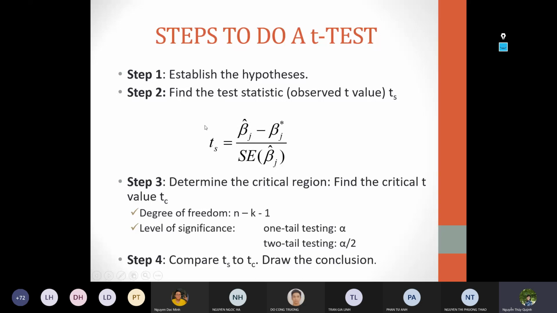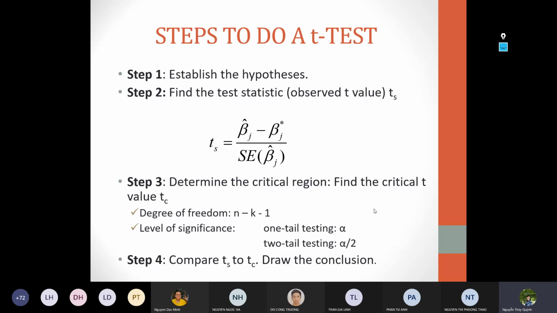And step three. In step three, you have to determine the critical region or the rejection zone. In order to determine the critical region, you have to find the critical value of t. You can look for it in the statistical table for the t distribution. You can also use Excel to find the critical value of t.